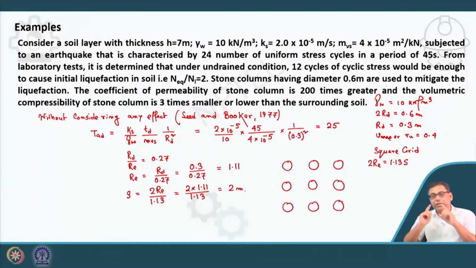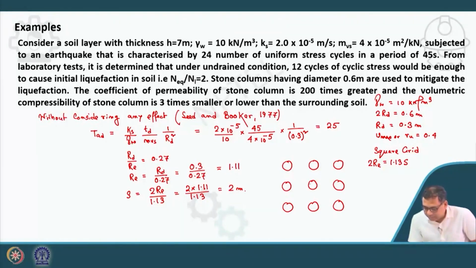What are my design parameters? My design parameters will be the spacing, the diameter of the stone column, and the length of the stone column. The length of the stone column will be decided based on how much your liquefiable zone is. So now the spacing and diameter you have to decide.